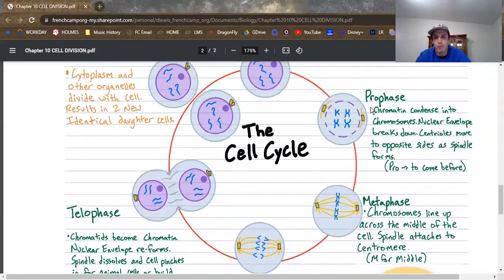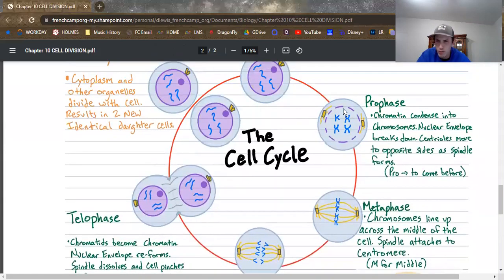For metaphase, once the nuclear membrane fully disintegrates, the spindle reaches out and attaches to the chromosomes. You might see on one of the worksheets we do that it talks about prometaphase. Prometaphase is just a step between these two that some books will refer to, where the spindles reach out and attach to this central point called the centromere.